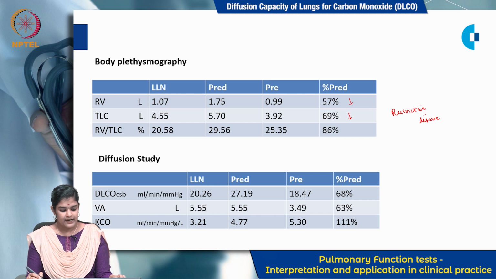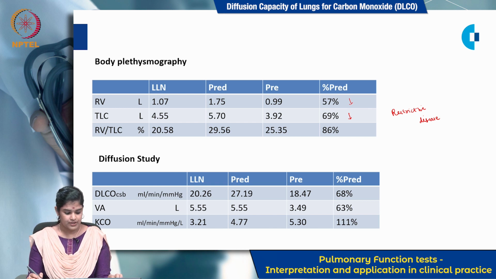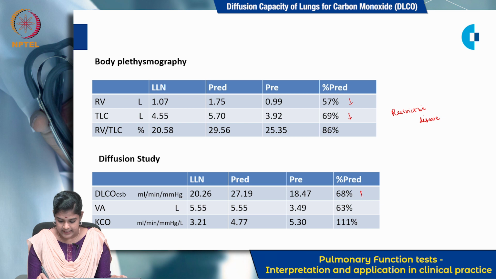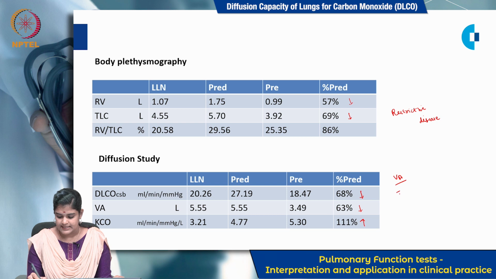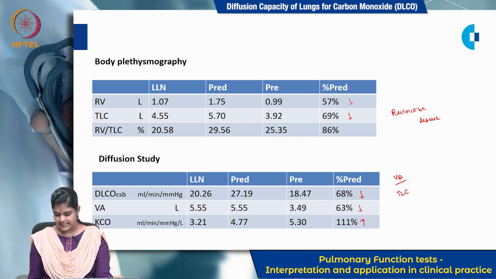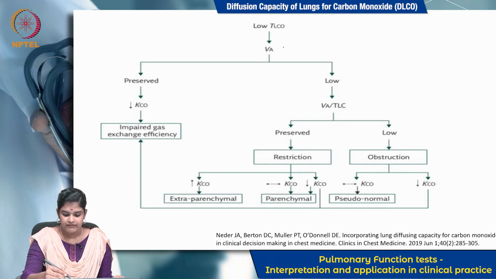Now, let us take a look at the diffusion study to come to a conclusion. So, DLCO is 68%, reduced, VA is 63%, reduced, KCO is 111%, which is increased. When coming across such a situation, it is ideal to look at the VA by TLC ratio, as we have already seen in this algorithm where VA is low, VA by TLC has to be looked at.